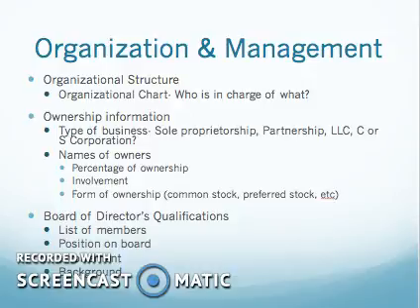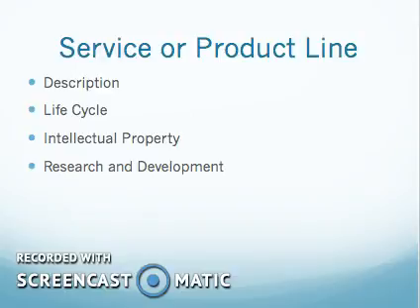Things to include in the service or product line section is a description of the item or service you'll be selling. The life cycle will be useful if you're in the startup phase and you project the changes or adjustments to a prototype, and then maybe any further extension to the product line for growth and sales.